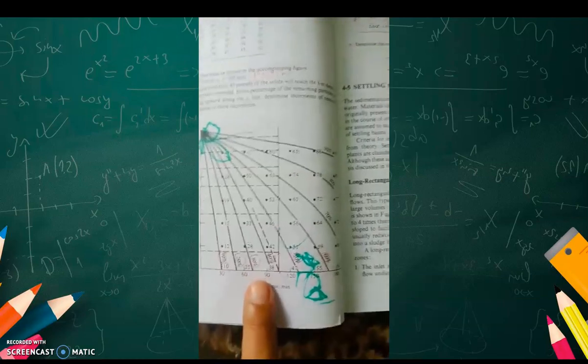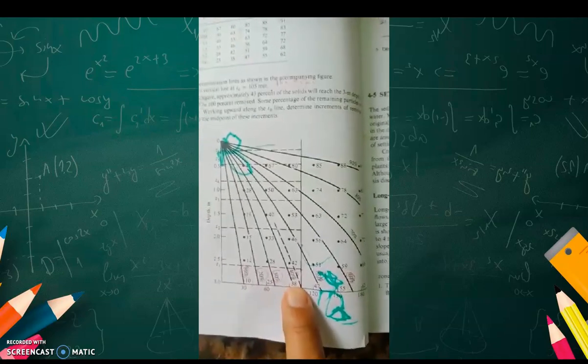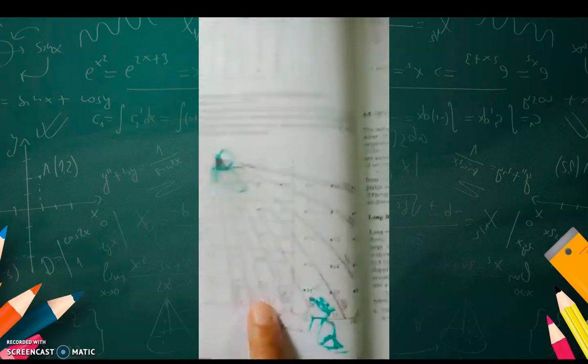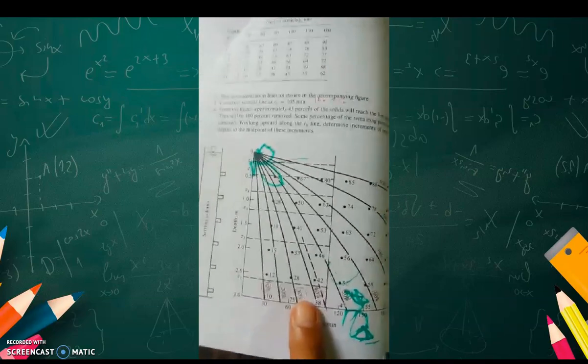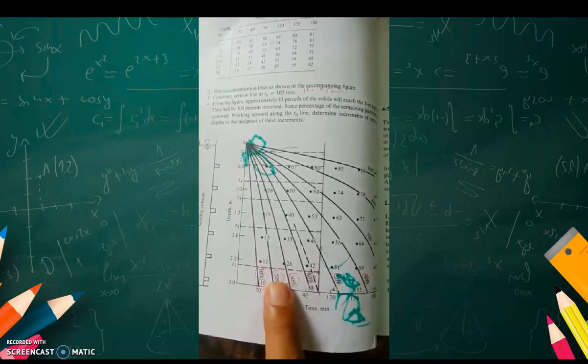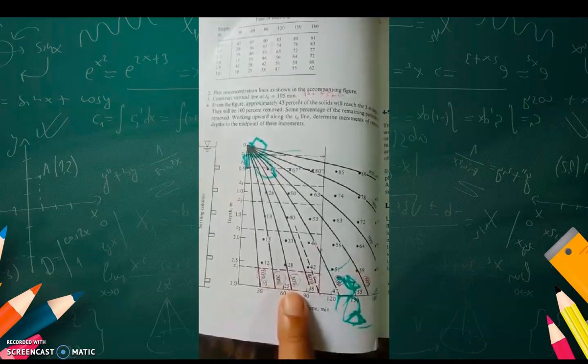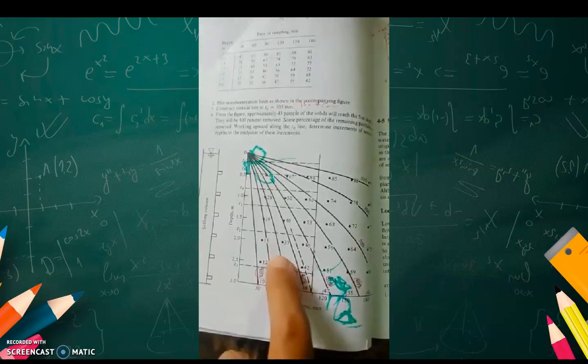You see here? It's 25 and 38. So we wanted to draw the 30% removal.